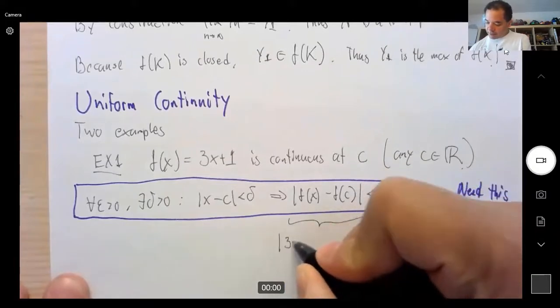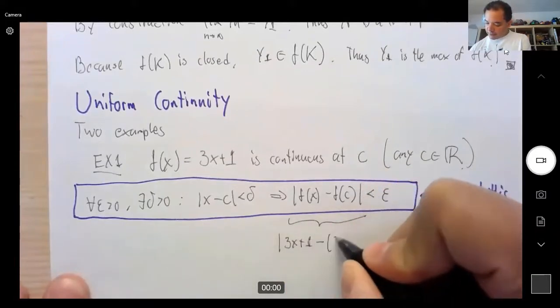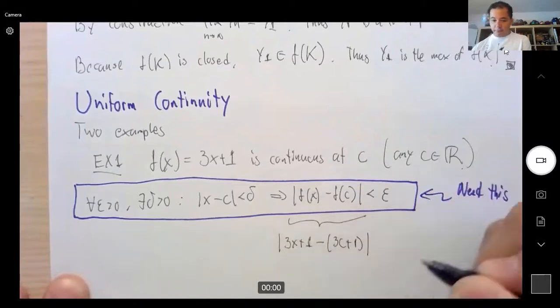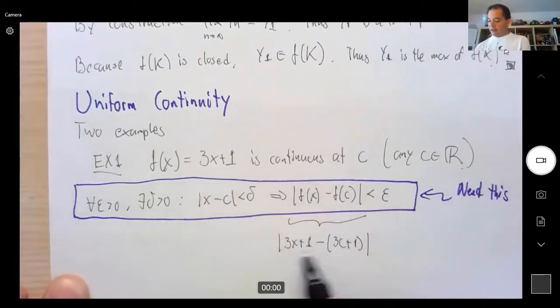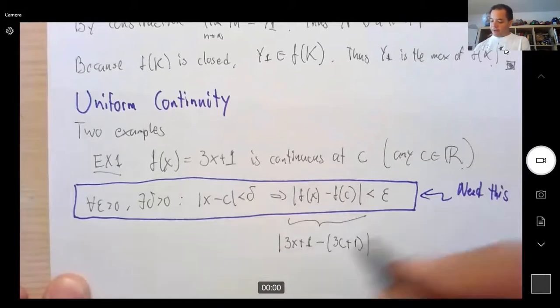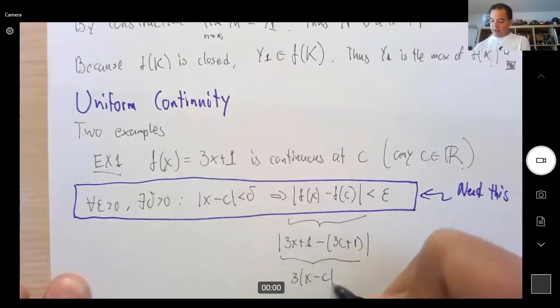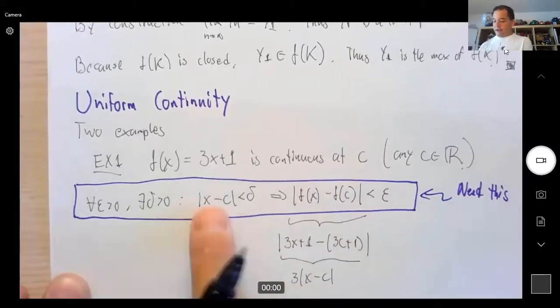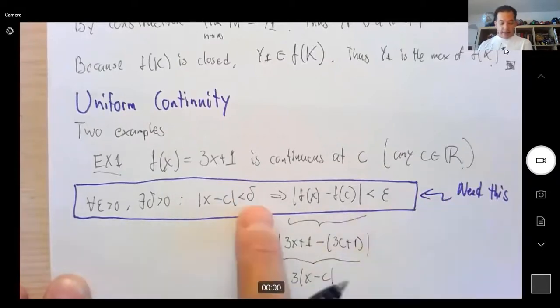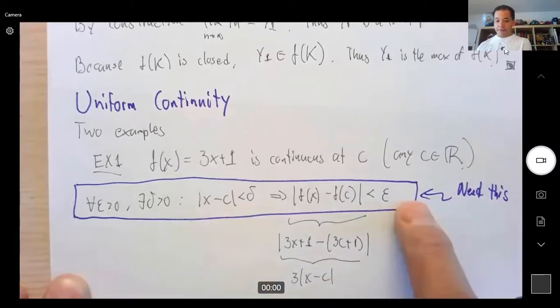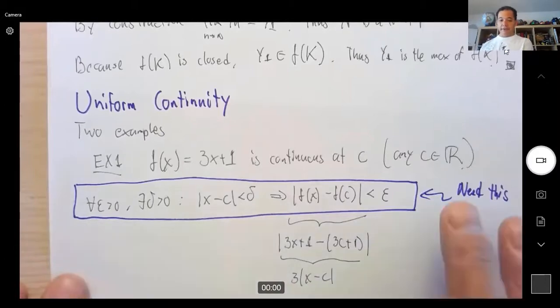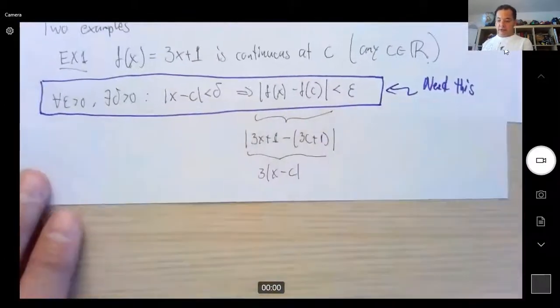This would be |3x plus 1 minus (3c plus 1)|. And once you cancel the ones and refactor everything, this is 3|x minus c|. So it almost looks the same as that one, and immediately tells you what delta you should pick, right? So to make this work, I simply should pick epsilon divided by 3 so that everything works out, right?